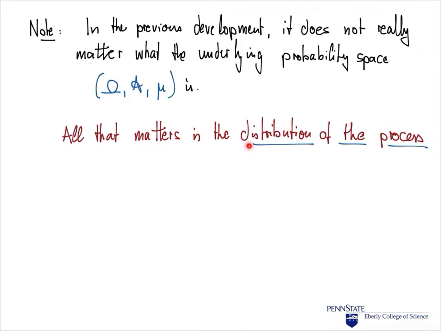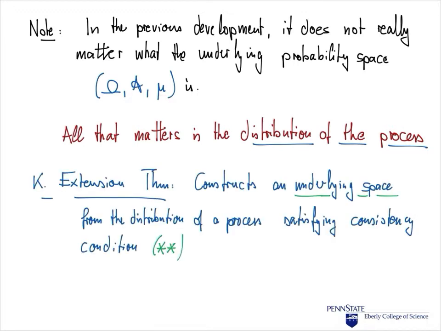That is the measure that we obtain by pushing forward to our alphabet, and then the sequence of probability distributions Pn we get from that. So that was the distribution of the process. The original space is not really relevant to us.